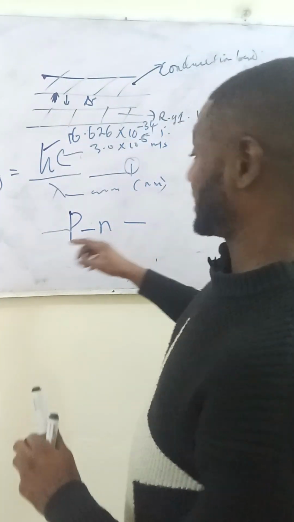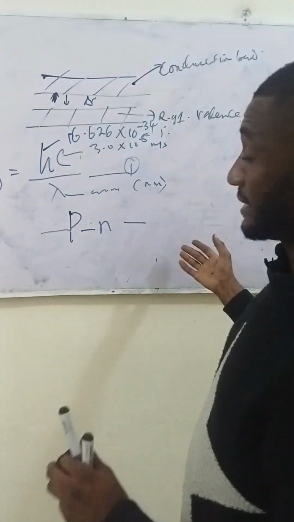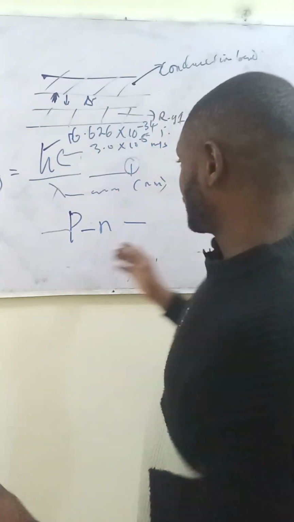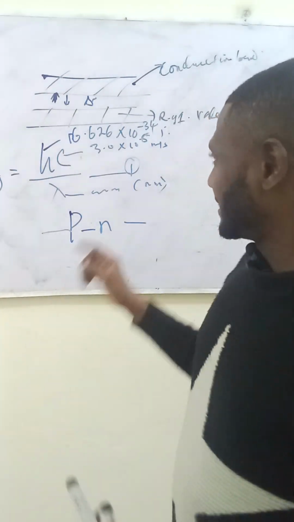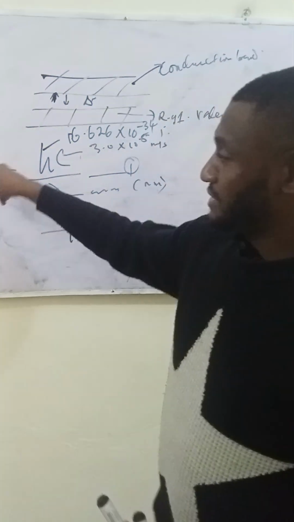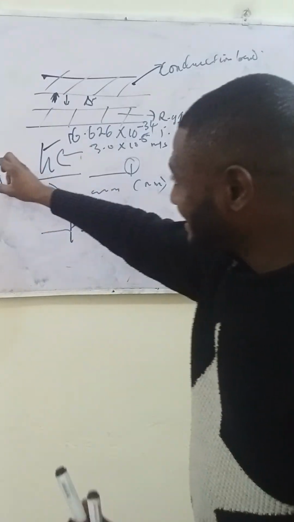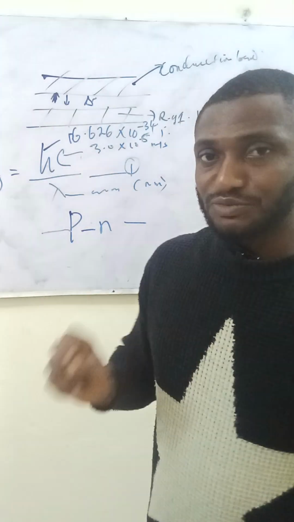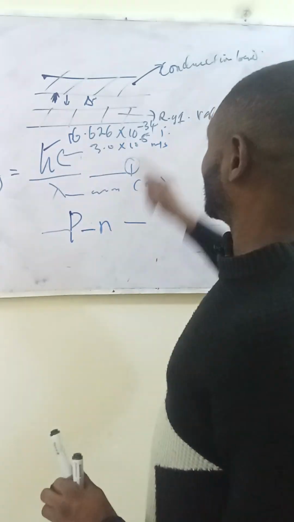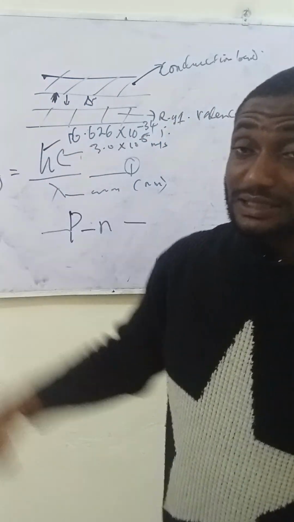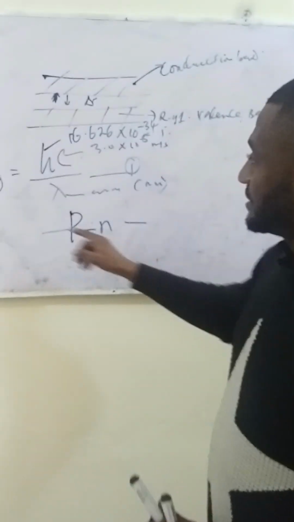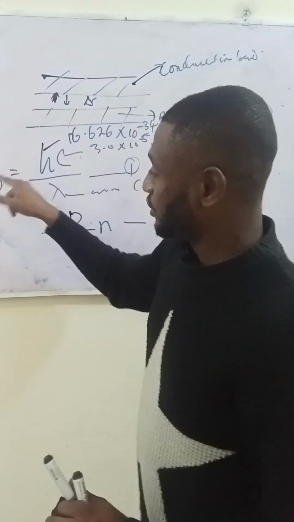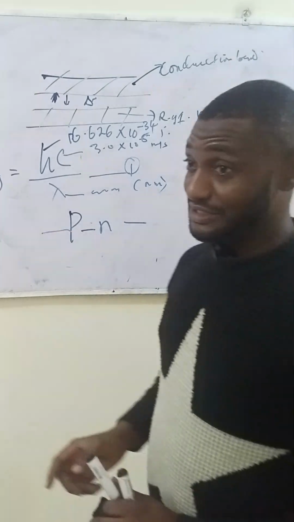At the junction there are holes and electrons. During recombination, energy is emitted in the form of the energy band gap. And this energy, no matter how small, can affect the color of the diode. That's what I'm trying to explain: the color is a result of the energy difference.